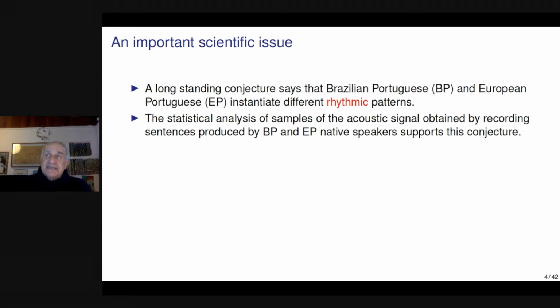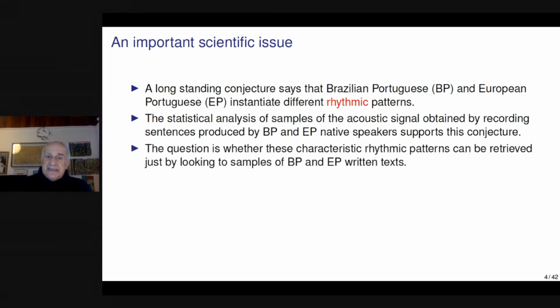And the statistical analysis of samples of acoustic signals obtained by recording native speakers of BP or EP supports this conjecture. The question is whether we can find these rhythmic patterns distinguishing BP and EP just by looking at written texts in these two languages.